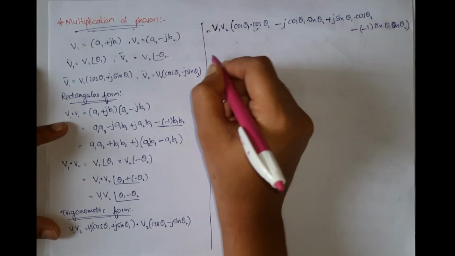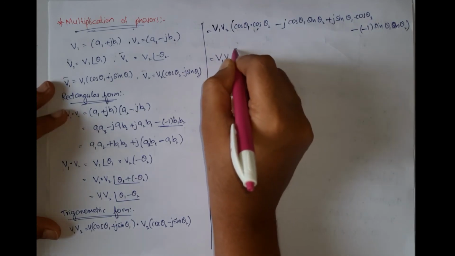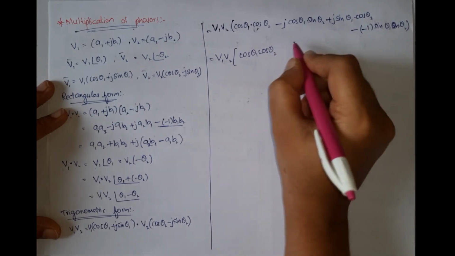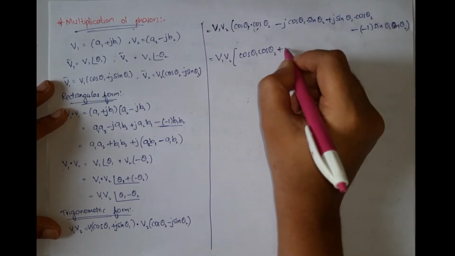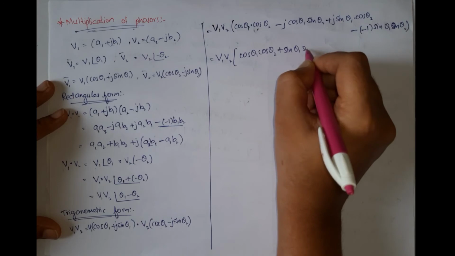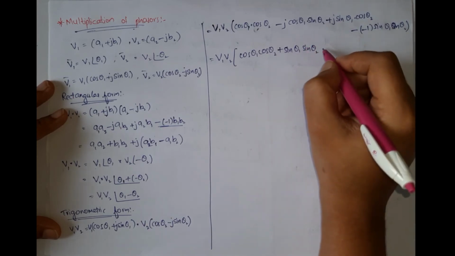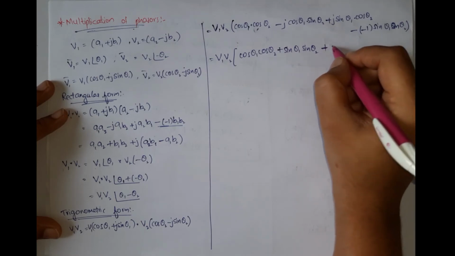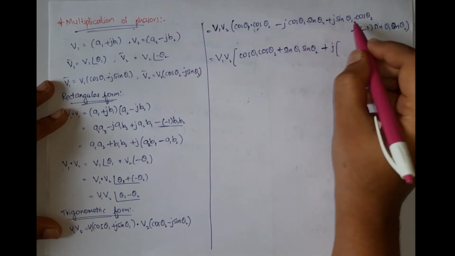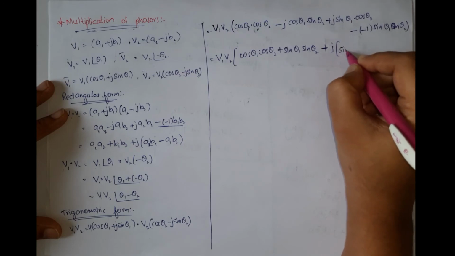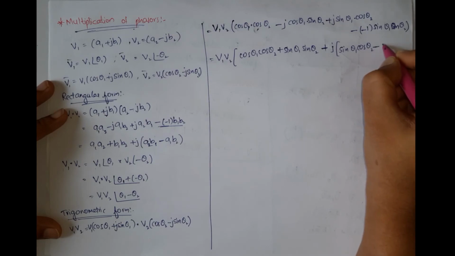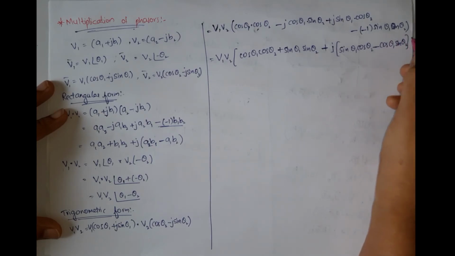So when I simplify this, V1 V2 cos theta 1 into cos theta 2 plus sin theta 1 sin theta 2, right? Again taking the plus out and the J out, I'll be getting sin theta 1 cos theta 2 minus cos theta 1 sin theta 2, right?